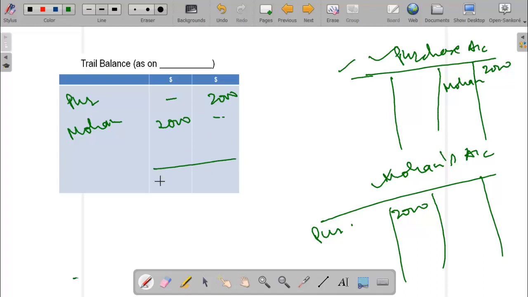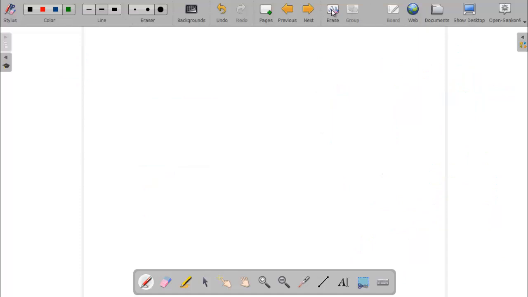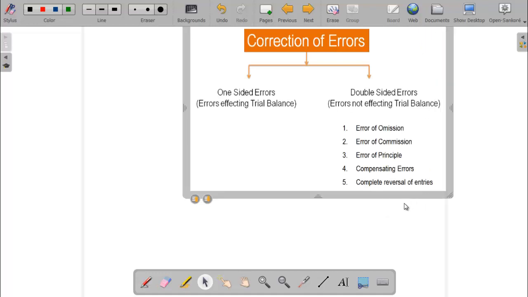Now the total of the trial balance is coming the same, 2,000 again. It means there is an error, but this error is not affecting the total of the trial balance. So all these errors are known as double-sided errors.